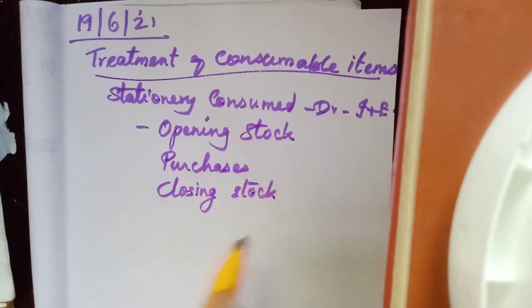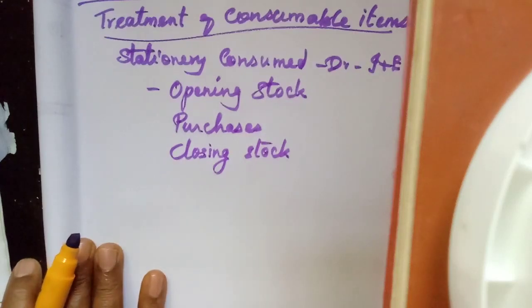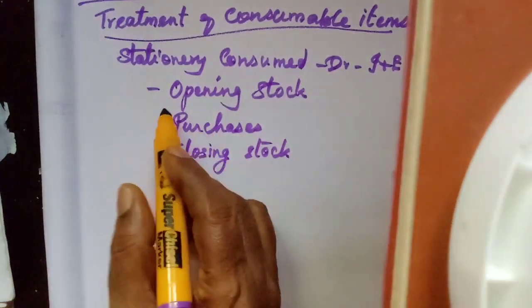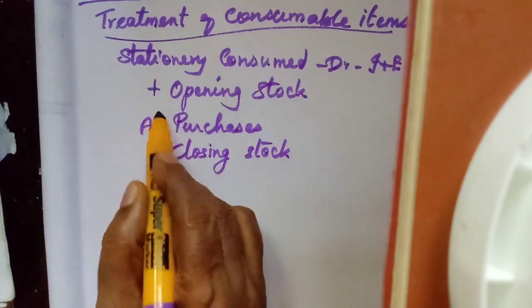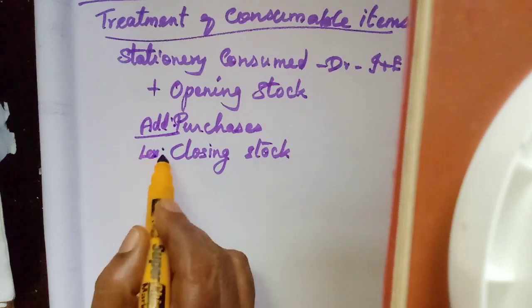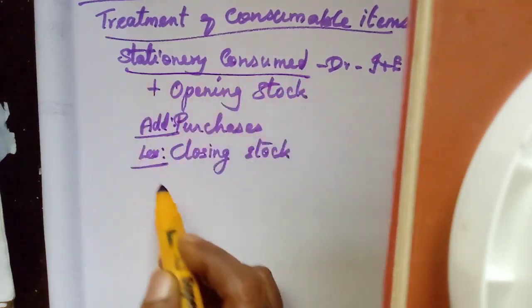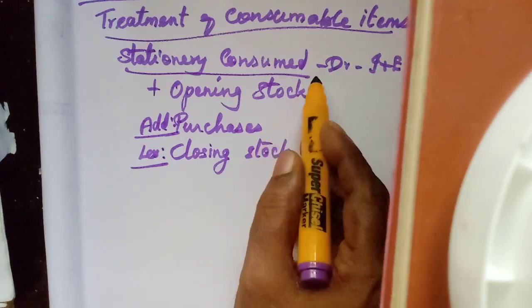So how will we write this in the income and expenditure account on the expense side? Opening stock, add purchases, less closing stock. There we will get stationery consumed.